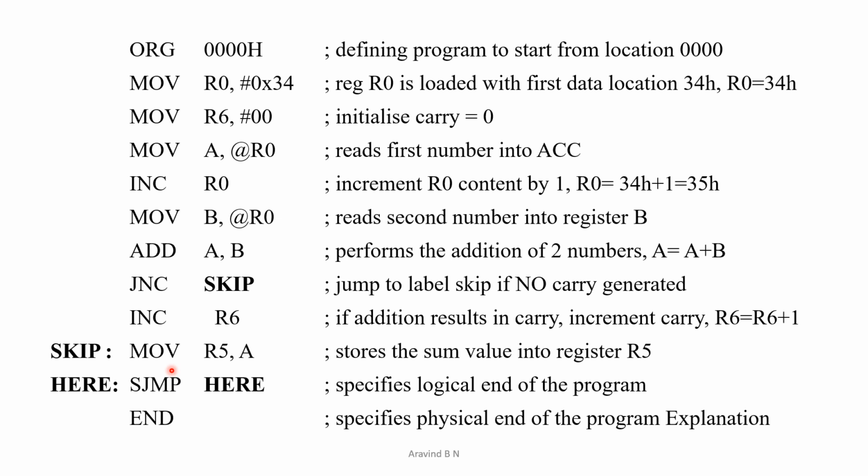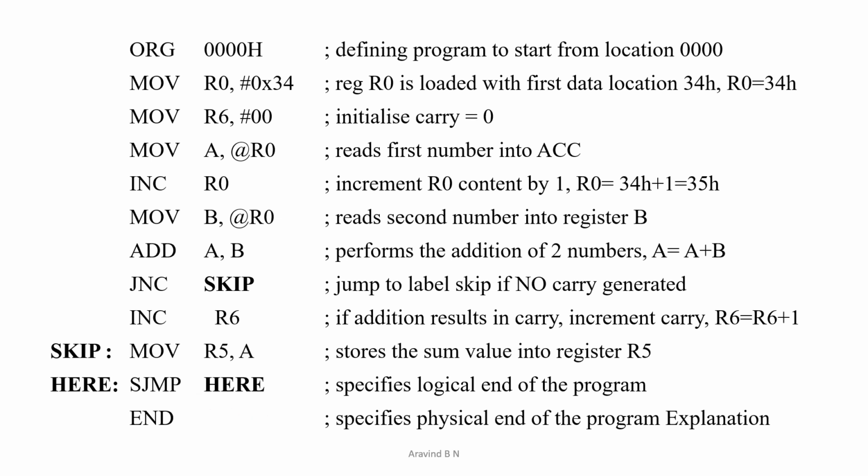In case carry is generated, that is, the addition of two values is greater than FF, in such a case we are going to increment R6 by value 1, and then we are going to store the remaining part of the result, the LSB part of the result that was available in A, to the register R5. Now as per the question, R5 holds the LSB part of the result and R6 holds the MSB part of the result. Then terminate the execution.